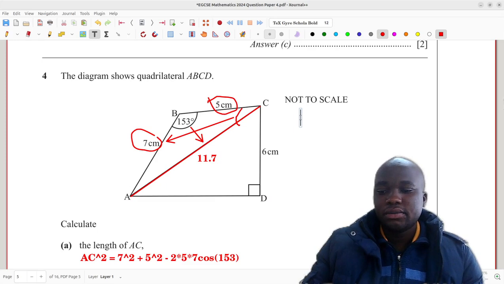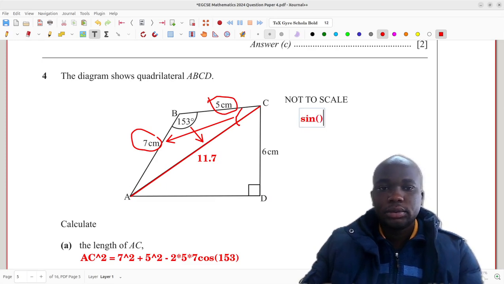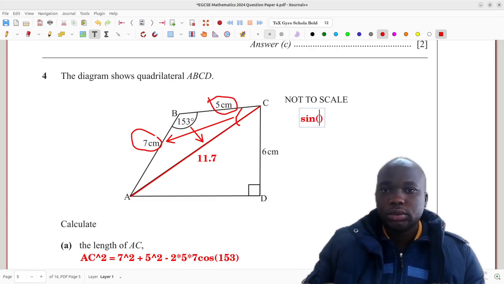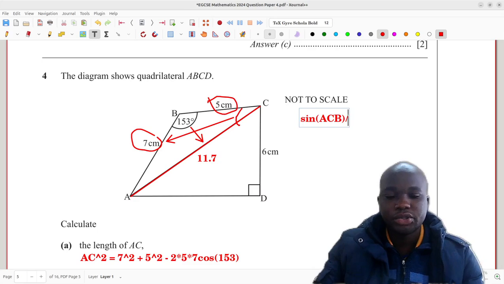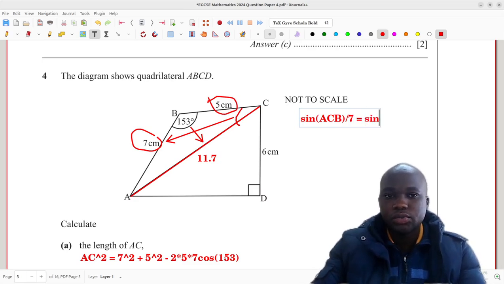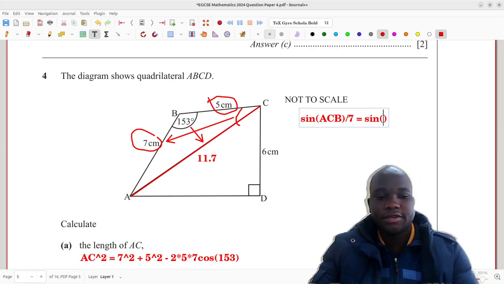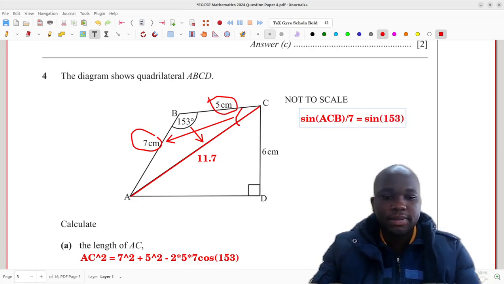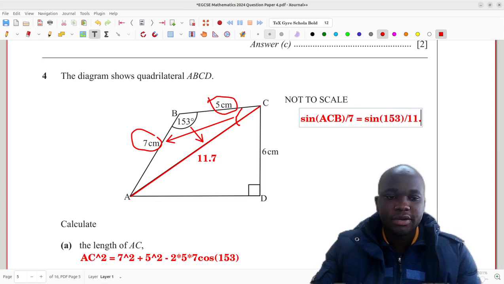Sine ACB over the side opposite to that angle, it's 7, equals the sine of 153 over 11.7.